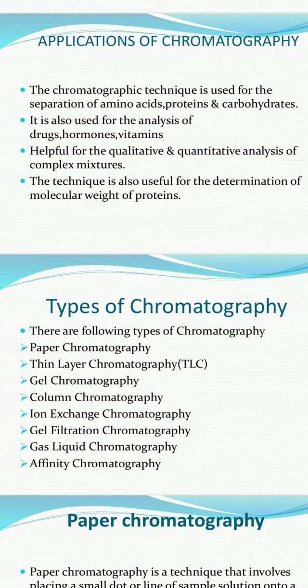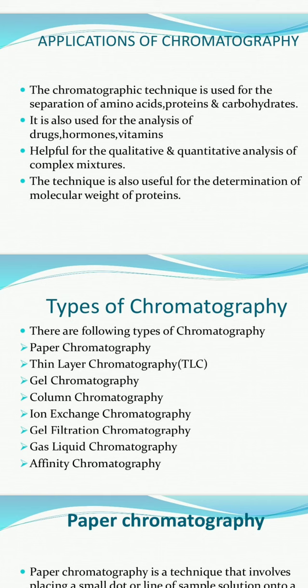Last is ion exchange chromatography. In ion exchange chromatography, the separation is basically on the basis of the charge, anion and cation, the positive or negative charge present on the different substances.